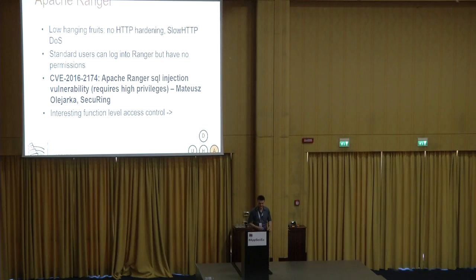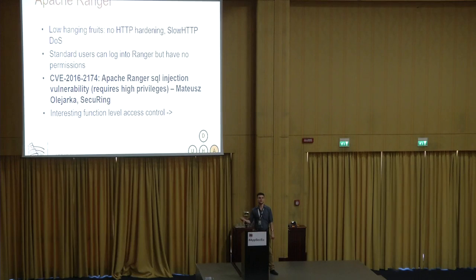So of course there were some low-hanging fruits in Ranger. Completely no HTTP hardening, some slow HTTP DoS. We found an SQL injection, but it required administrative privileges, so maybe that's not very interesting.